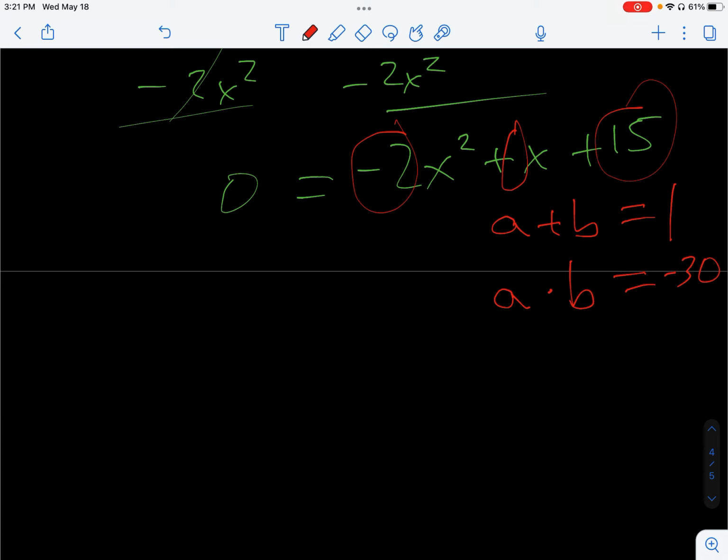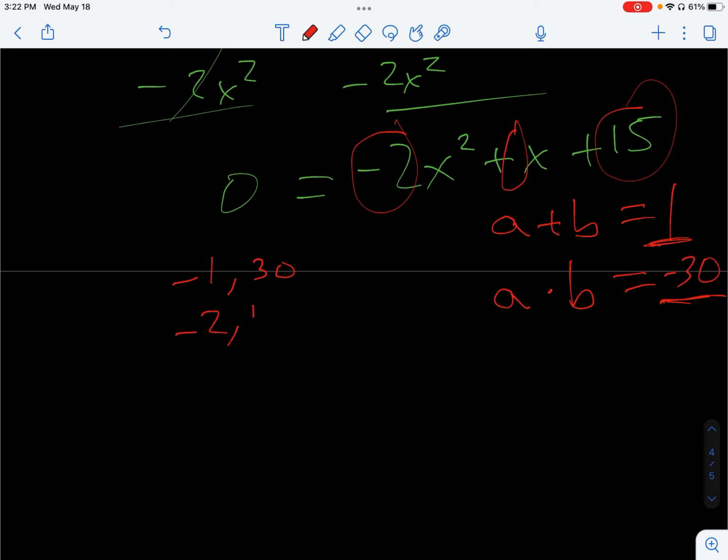So what's going to get us there? Well, if this is negative, I know that one of the numbers has to be negative and one of them has to be positive. This is 1, a positive number, so the positive number has to be the bigger number. So let's go through the factors of 30 that will get us to a negative 30 but 1. Well, we got minus 1 and 30.